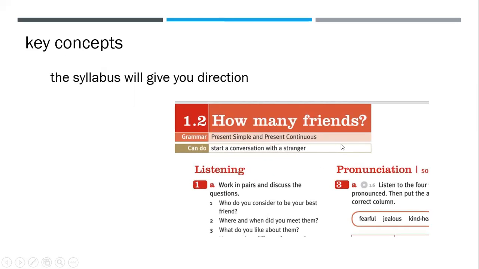You open the unit and you see that at the beginning of the unit, you typically have the grammar that you're going to learn and the skills like I can start a conversation with a stranger. This is what your student is supposed to know after having this lesson. Practically speaking, these are the aims for your lessons. So please use the course book. It may be very helpful in defining the aims for your lesson.